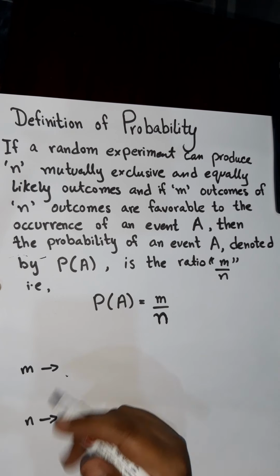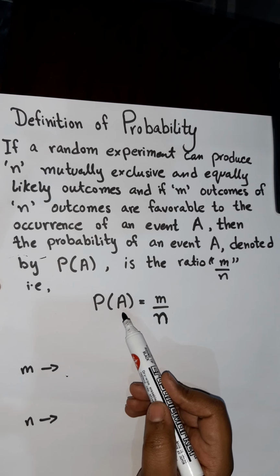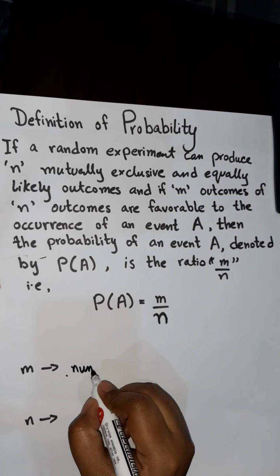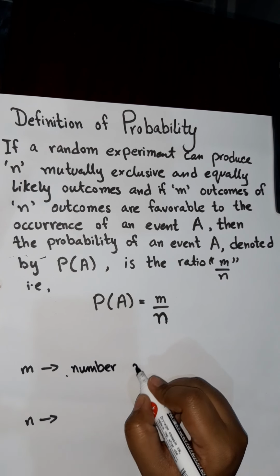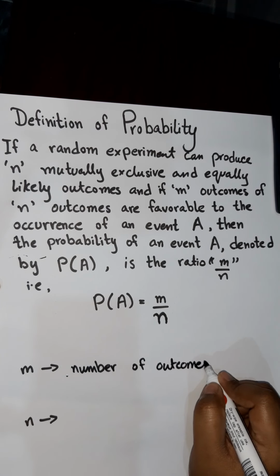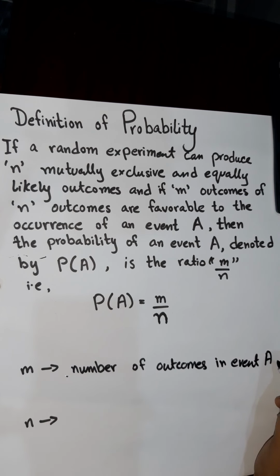Now what is m? M is the number of favorable outcomes that are present in event A, the number of outcomes in event A. Event A is our favorable outcome which is provided in your problem and about which we are going to calculate the probability.